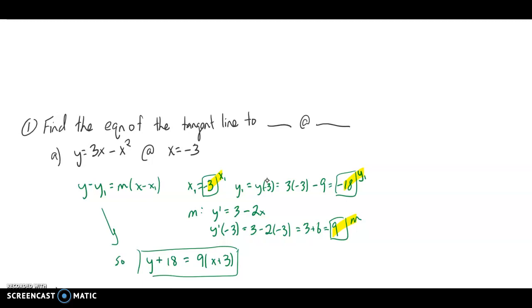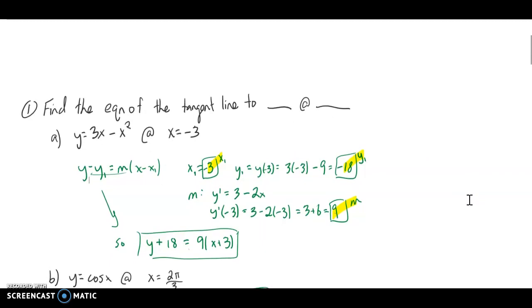Add them, I get 9. So my solution is y plus 18, double negative gives me the plus, equals 9. That's m. Just plugging them into here, times x plus 3. So hopefully you're good with that one. We'll go on to the next one.